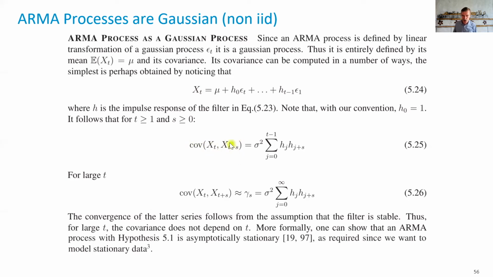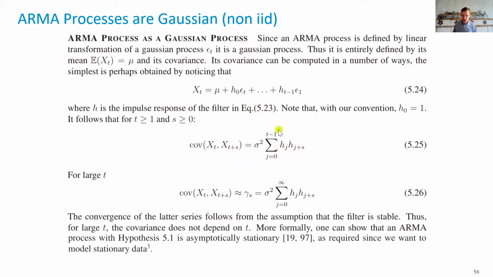So it should not depend on t here. In reality, it does depend on t, because we find this formula here that can be obtained directly from this. But in practice, when t is large, and if the filter is stable, and if we take ARMA filters that are stable, as we should do, then the decay will be exponentially fast.